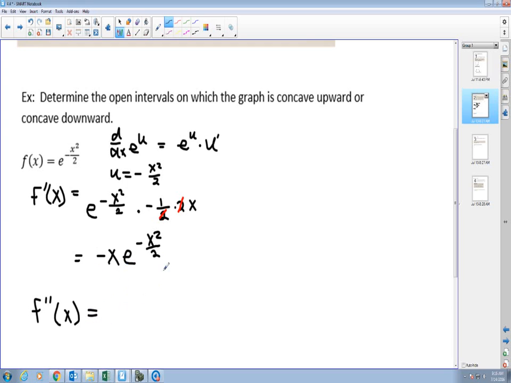To take another derivative of negative x times e to the negative x squared over 2, the first is negative x and the second is e to the negative x squared over 2. So the derivative of the first, which is negative 1, times the second, still the same thing, plus the derivative of the second, which gives me the same answer as right here, times the first, which is still negative x.